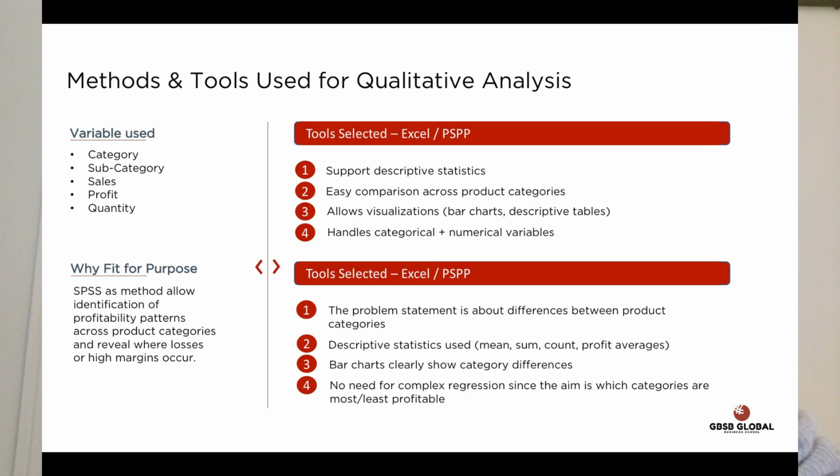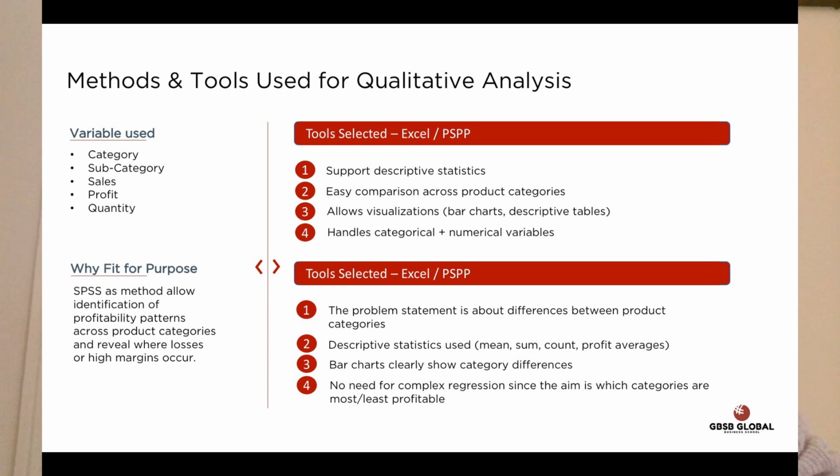To answer the problem statement, I selected SPSS, which is well suited for descriptive statistics and group comparison. The main method I applied was descriptive statistical analysis supported by bar charts and category-based aggregation.